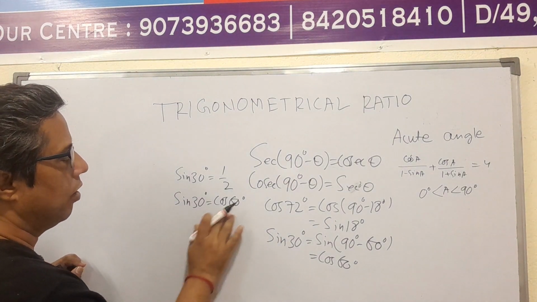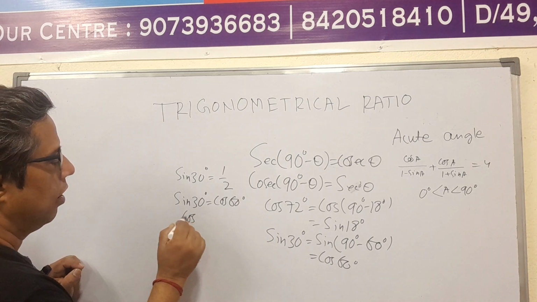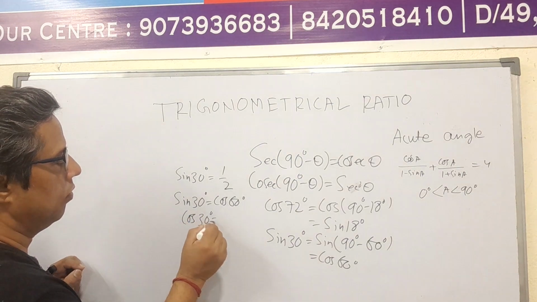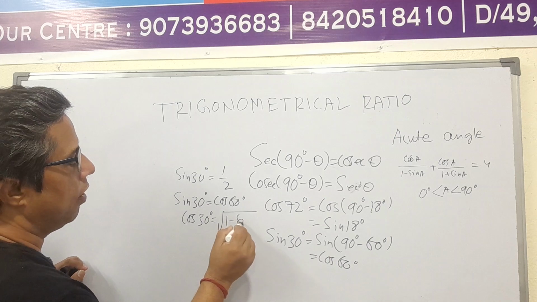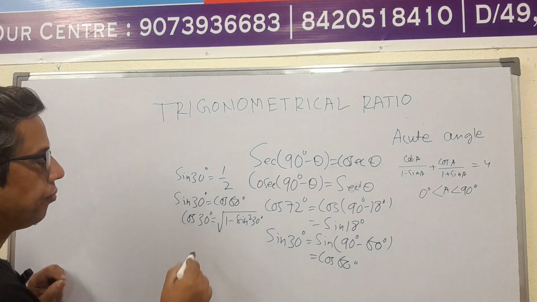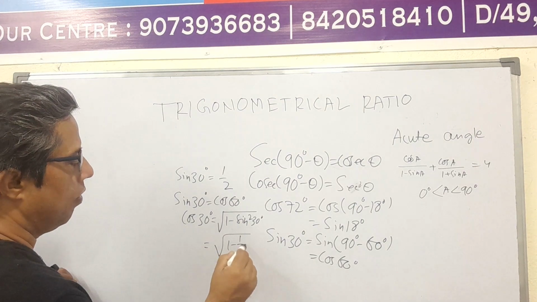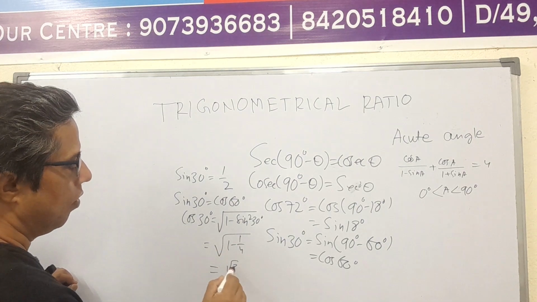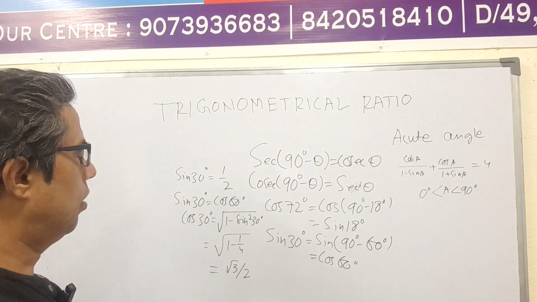Now you have to get cos 30. So cos 30 degrees is equal to root over 1 minus sine square 30 degrees. So you will get 1 by 4 inside, and it will be root 3 by 2.